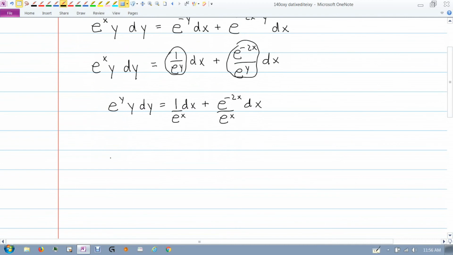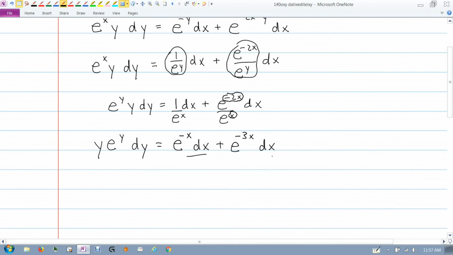So now what we have is, I'm going to put the y in front, y e to the y dy. And then we have e to the negative x dx plus, and then for the next one we take negative 2x and subtract x, that's e to the negative 3x dx.